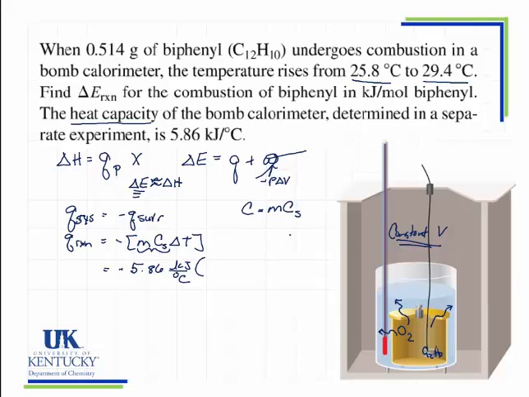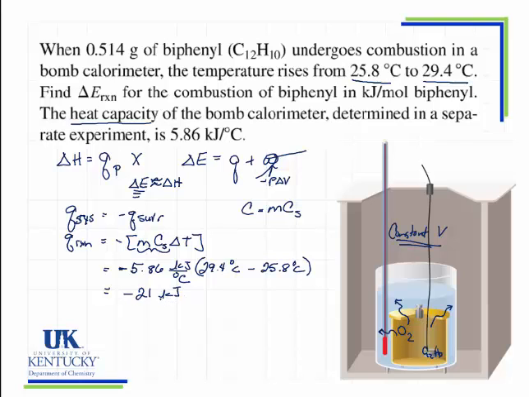This thing is going from 25.8 up to 29.4 degrees Celsius. You put the final temperature in first. It happens to be the high temperature here. It finishes here. It started at 25.8 degrees Celsius. So it's heating up, and when I multiply these values out, I get a number of negative 21, because of that minus sign right there, kilojoules.